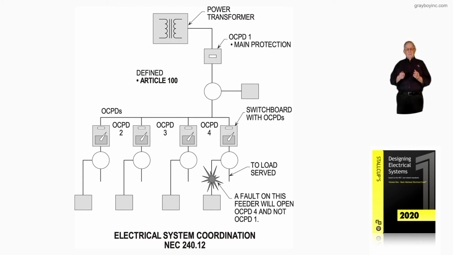Now to have selective coordination is a rule of thumb. Remember, this is a rule of thumb. A circuit breaker is usually required to be 3.5 times larger. Now, for example, if I had, say, a 350 amp main overcurrent protection device 1, the downstream should be 100 amp or less.